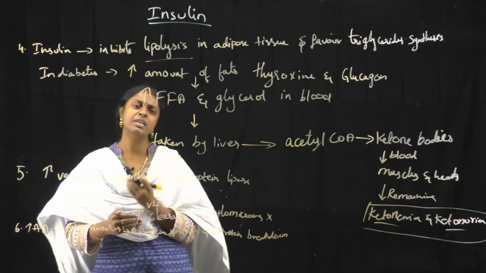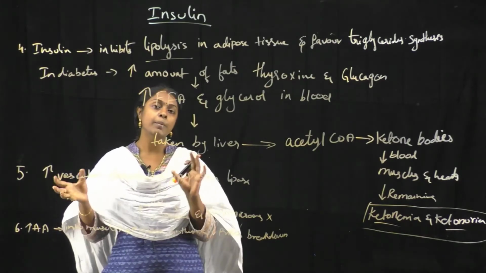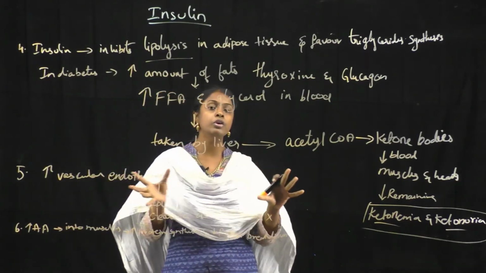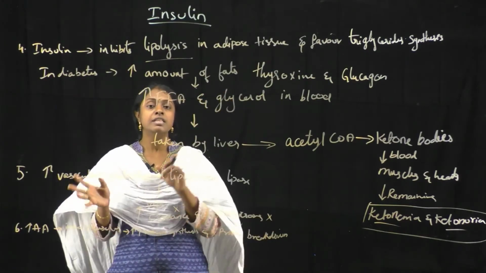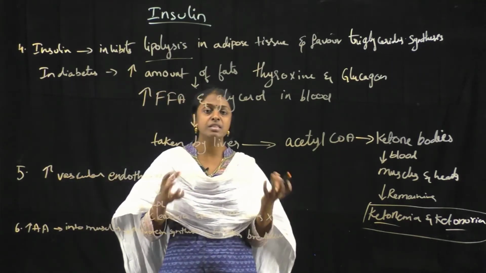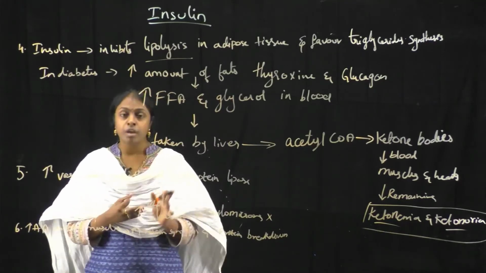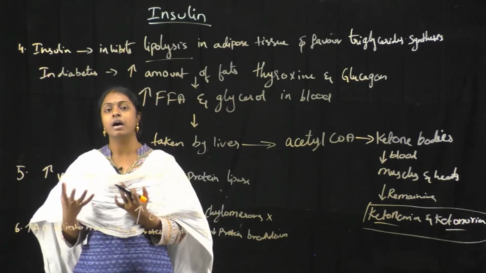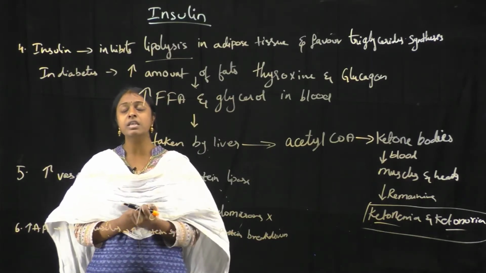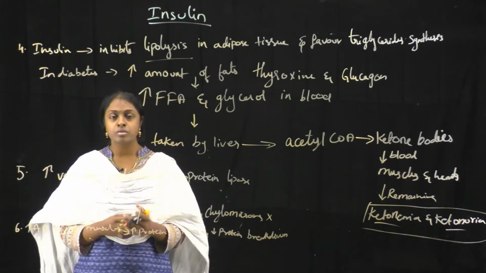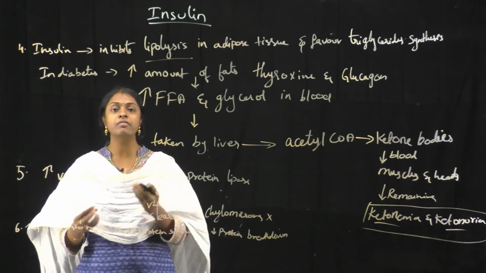When there is a decrease in protein synthesis, all the amino acids go into the blood, and from the blood these amino acids are taken up by the liver and converted into pyruvate, glucose and urea. An excess amount of urea in our body is very harmful to us. So they will result in negative nitrogen balance.